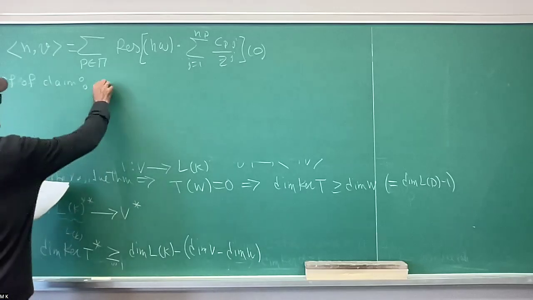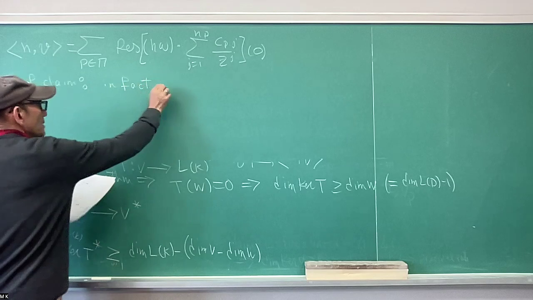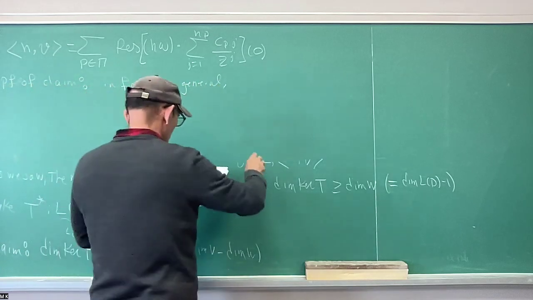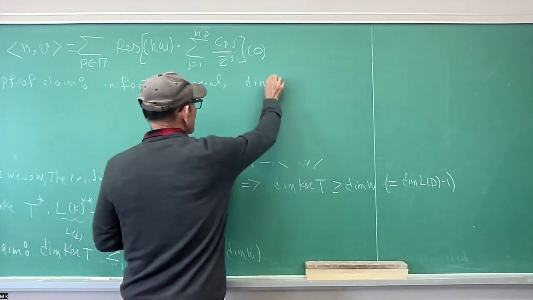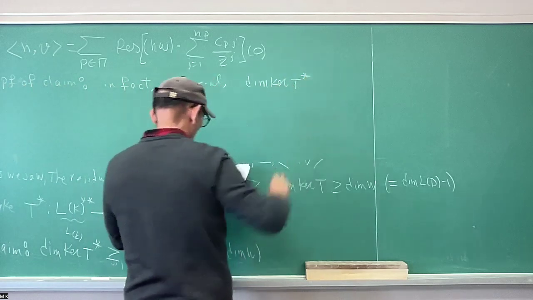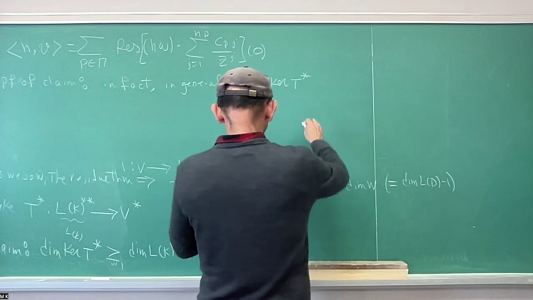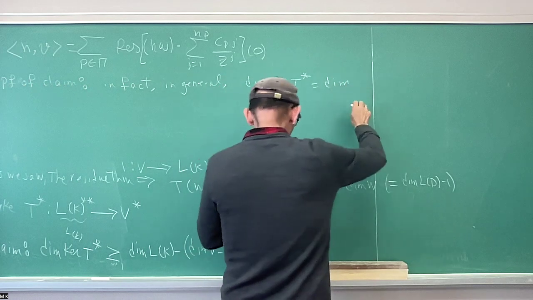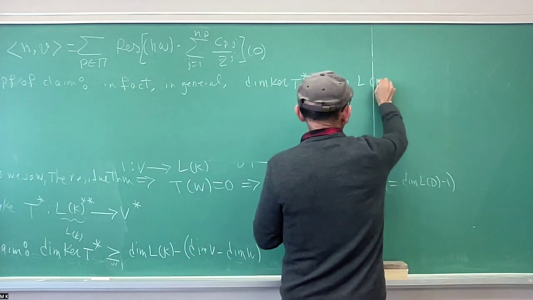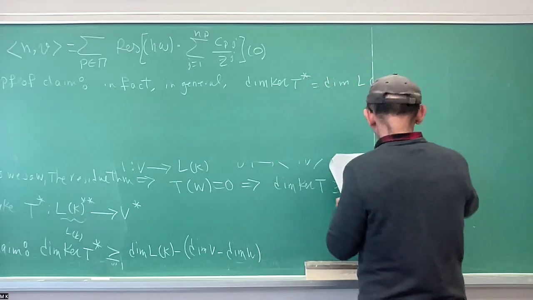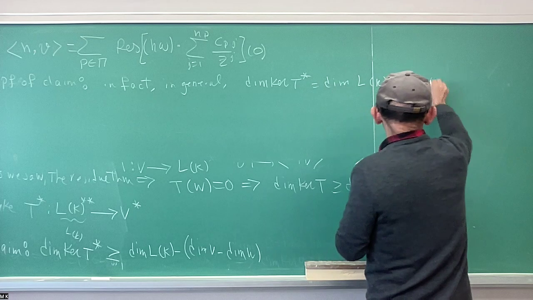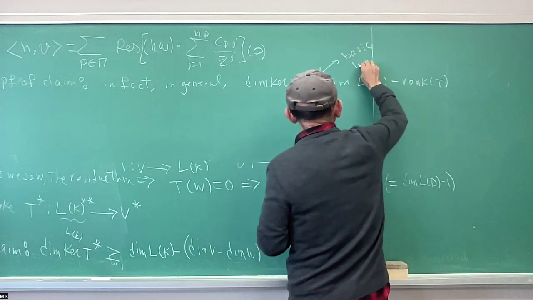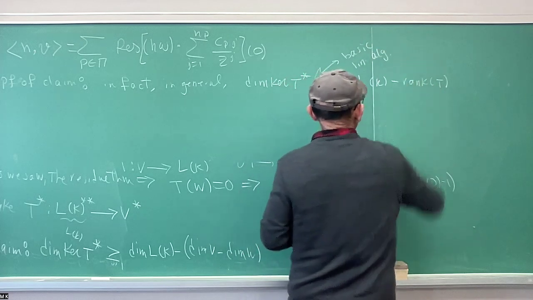In fact, in general, for any dual map, the dimension of the kernel of T star is actually equal to, sorry, dimension of L of K minus rank of T. I mean, this is just basic linear algebra, right?